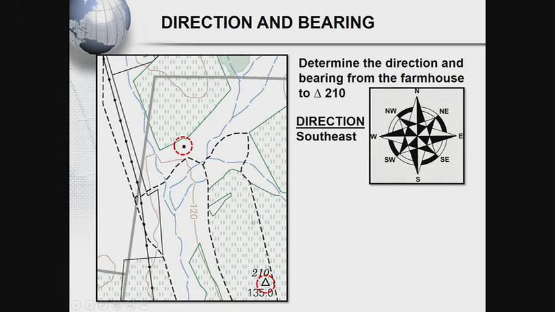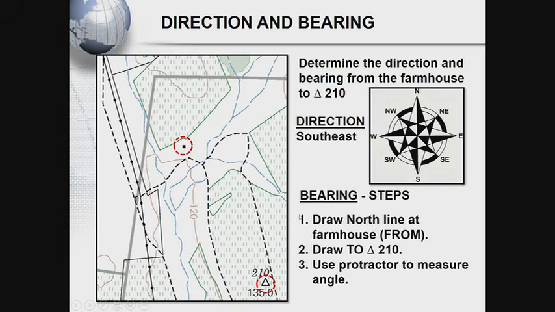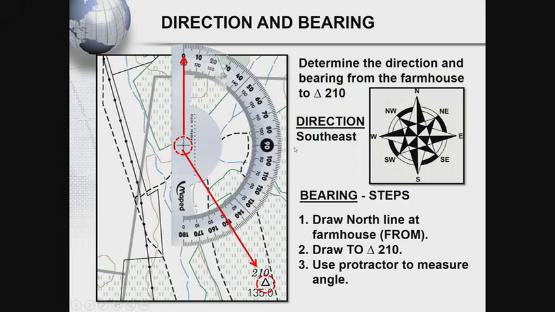Right. Let's see the steps. Draw a north line from the farmhouse. Did that? And then we draw a line from the farmhouse to the trig beacon, because the question says determine the direction and bearing from the farmhouse. So that's where our north line goes to the trig station. Okay? And now you know we've got to measure that angle in a clockwise direction. There's my protractor.